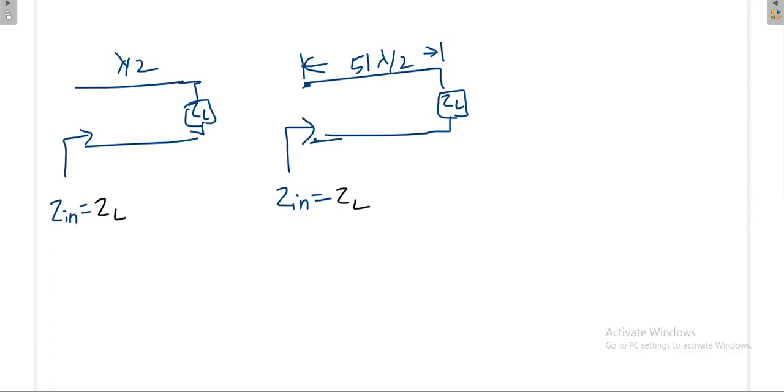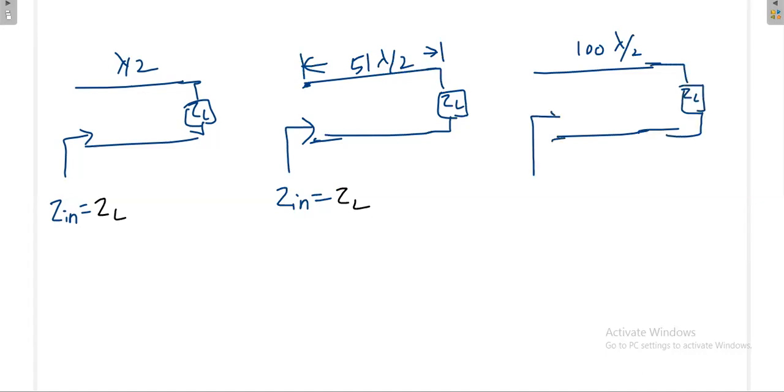Or if the length of the line is 100 lambda by 2 and they terminate the load ZL, the input impedance is again the same. So that is the idea of the lambda by 2 line: impedance remains the same.